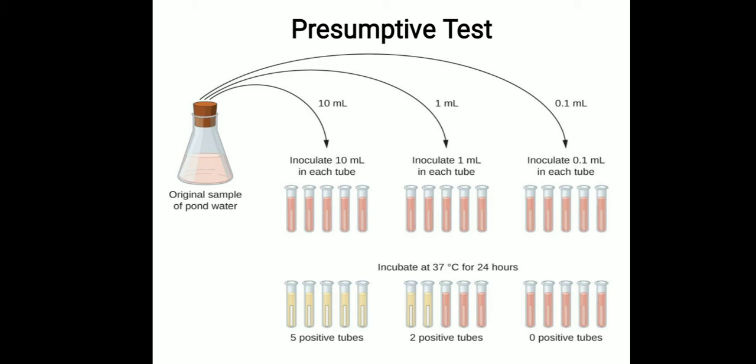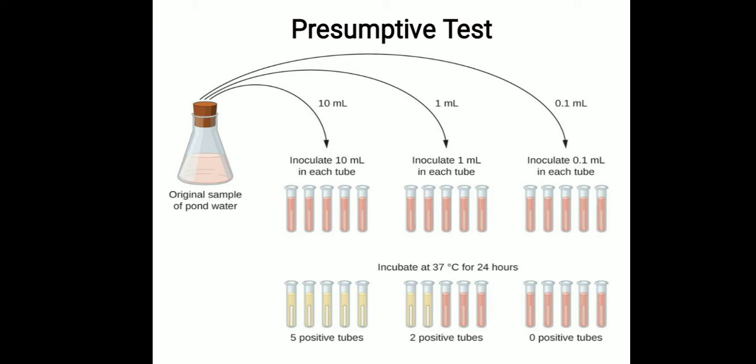A series of lactose broth tubes are then inoculated with measured amounts of the water sample to be tested. The series of tubes may consist of 3 or 4 groups of 3, 5 or more tubes.